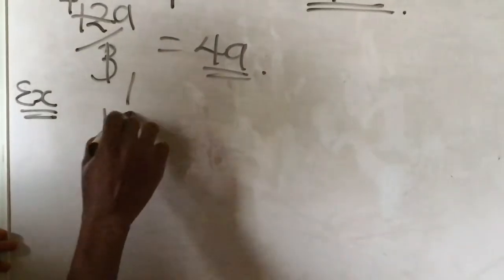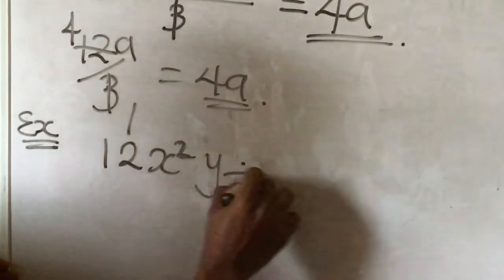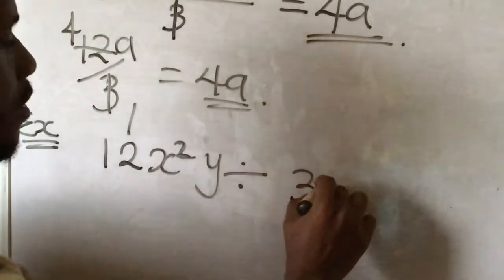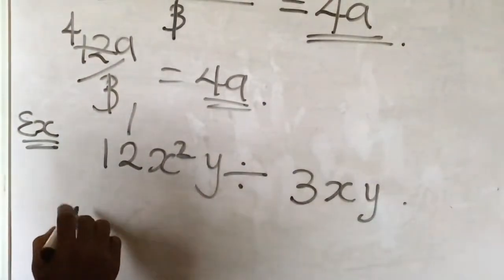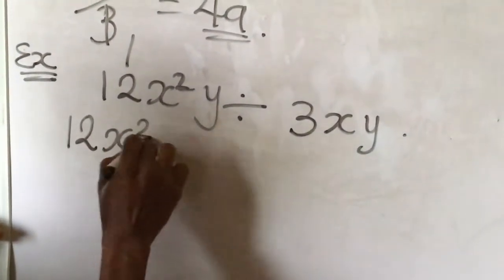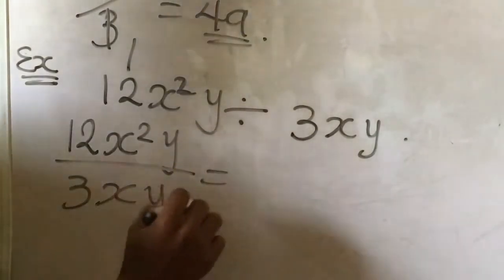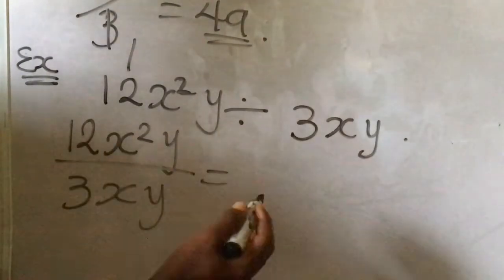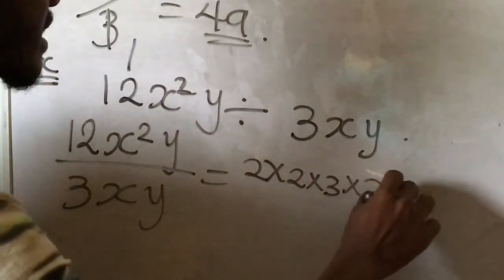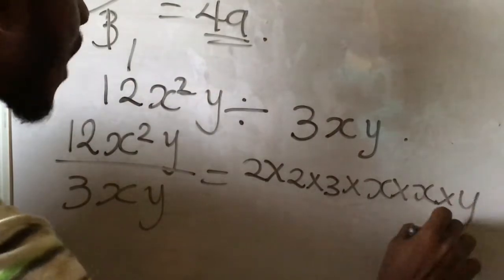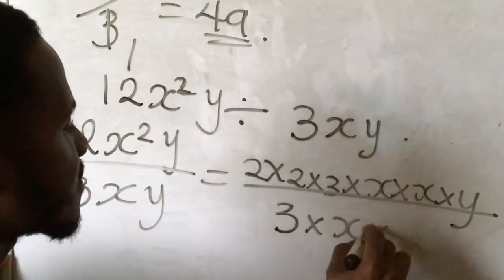Let's take another example. If I have 12x squared y divided by 3xy. Now, for this, I'm going to have 12x squared y divided by 3xy, and what are the factors of 12 once again? 2 times 2 times 3 times x times y, divided by 3 times x times y.